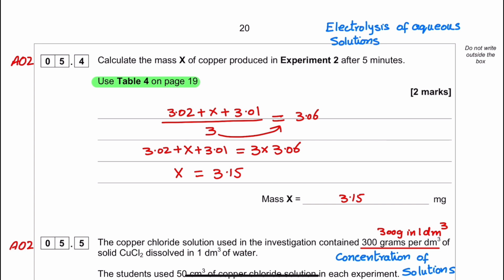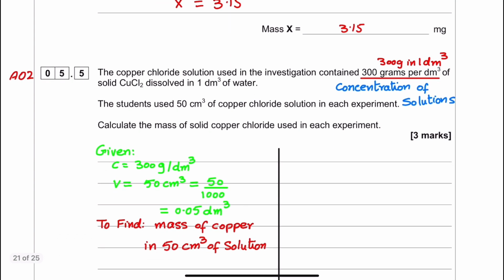5.5. It is an AO2 question. 5.5 is an AO2 question. The copper chloride solution used in the investigation contained 300 grams in 1 dm cube of solid CuCl2 dissolved in 1 dm cube of water.